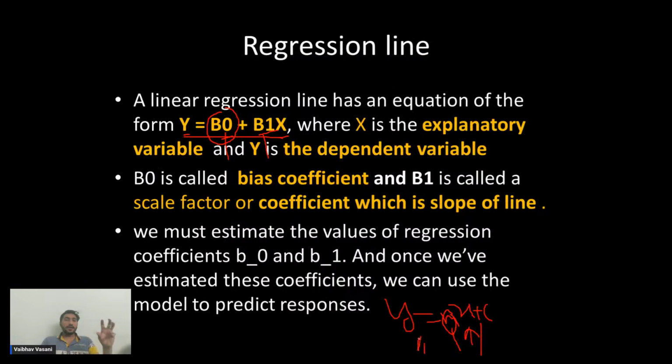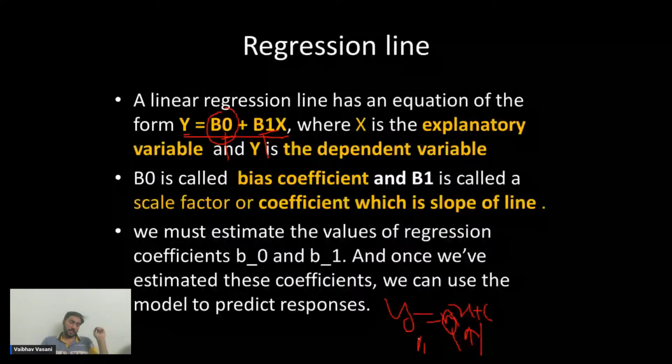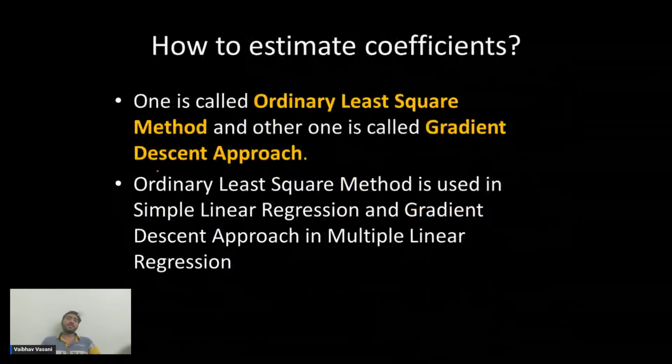So at the end of this, we have a certain equation with us. So this is how we calculate. Now, how to estimate the coefficients: one is called the ordinary least square method, another is called the gradient descent approach. Ordinary least square method is used in simple linear regression. Gradient descent approach is for multi-linear regression, right?